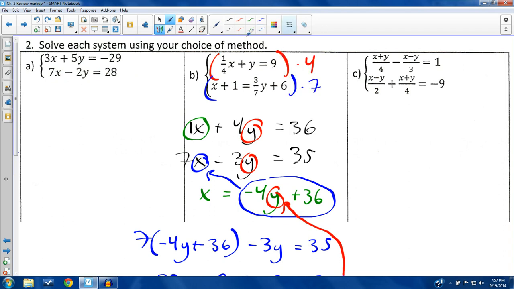Okay, so I said, hey, I want to eliminate y. Now, 5y minus 2y doesn't give me 0, so I can't eliminate it doing that. But what I'm going to do is multiply this by 2, because I want to find a least common multiple of 5 and 2. In this case, I'll get 6x plus 10y equals -58.